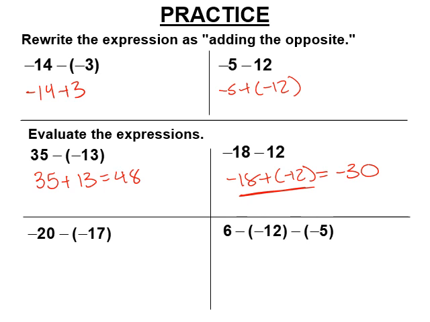Negative 18 plus negative 12 is the same as subtracting 12. Negative 30. Please, this is usually the type of ones where the mistakes are, right? Everyone gets the one on the left correct.